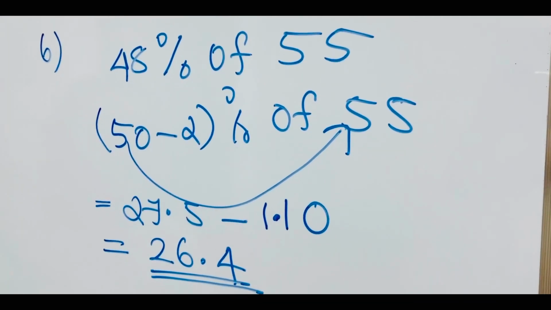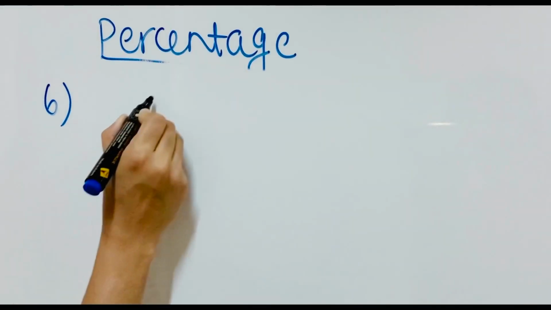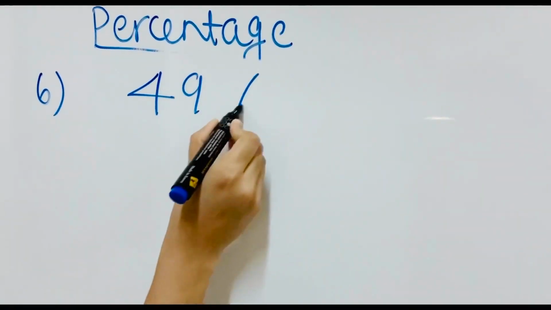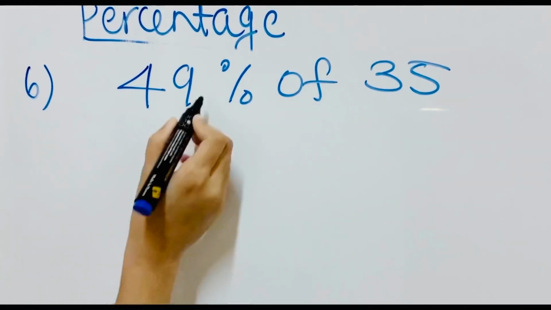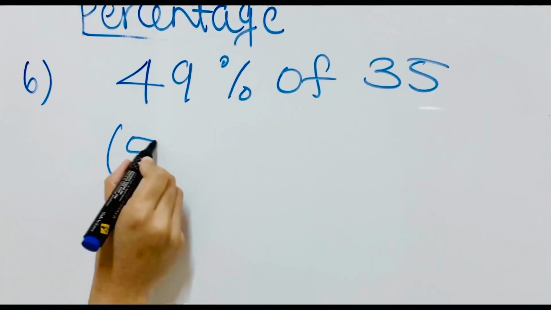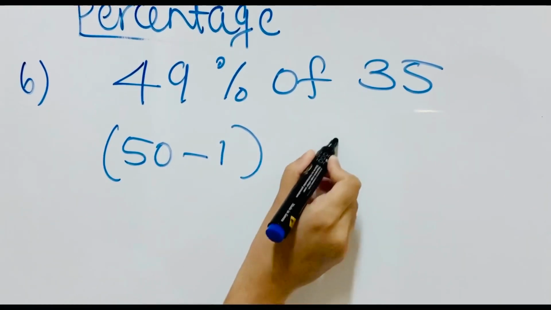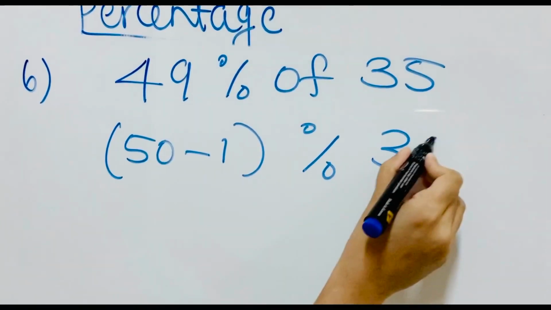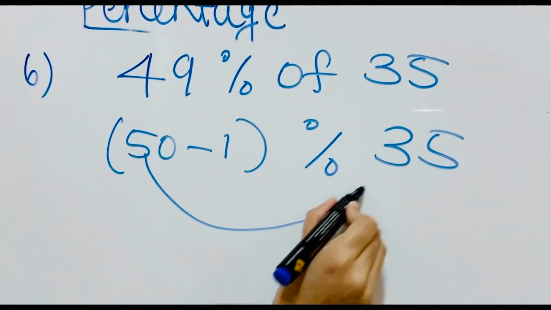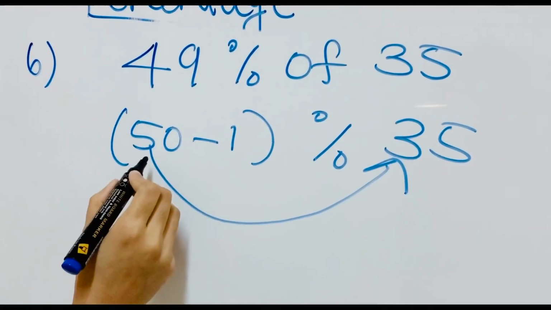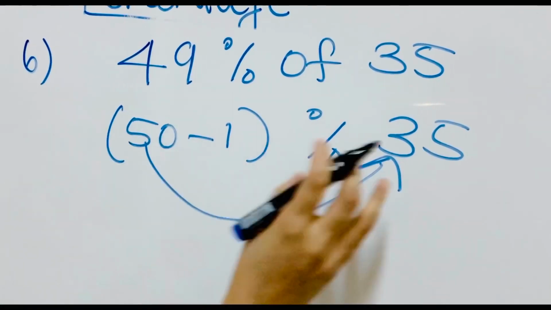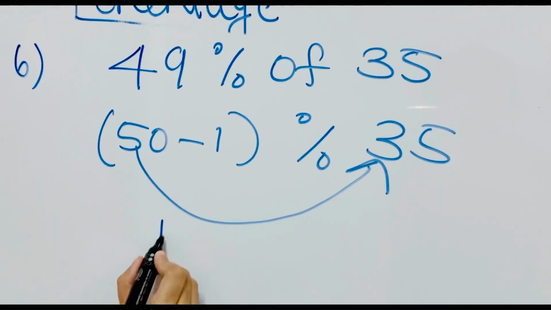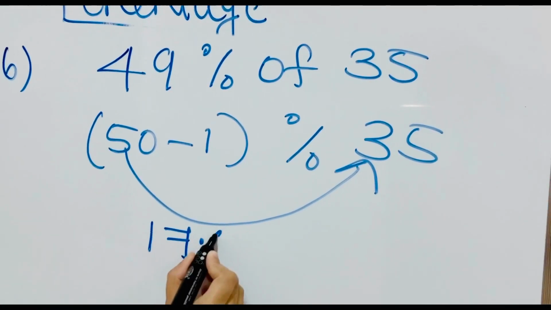Now a similar question, 49 percentage of 35. So 49 can be written as 50 minus 1 percentage of 35. First multiply this with 35 into 5. Otherwise, 50 means just half of this number, that will be 17.5.